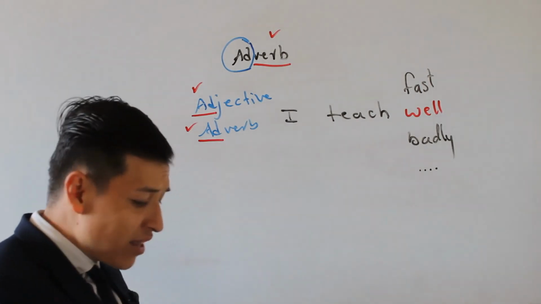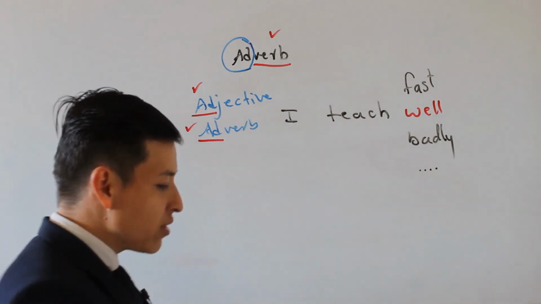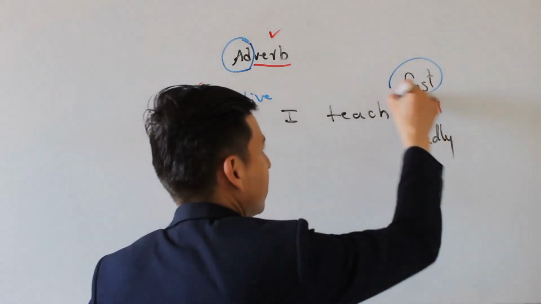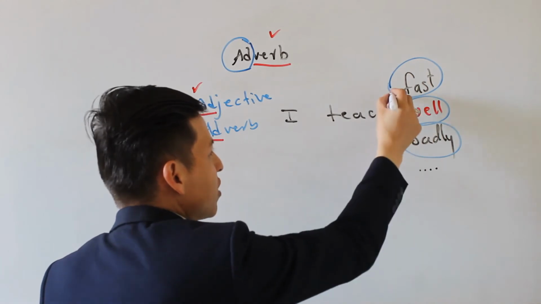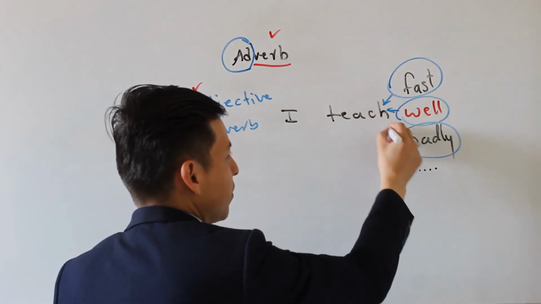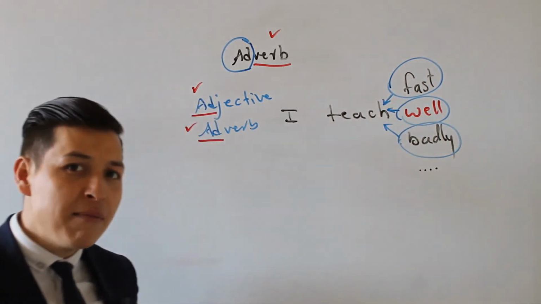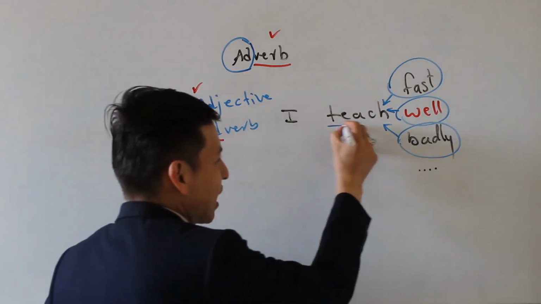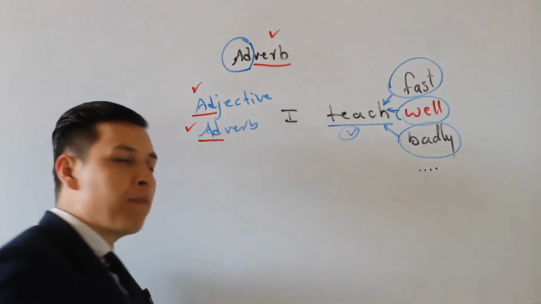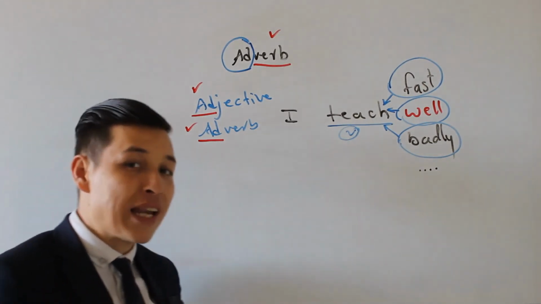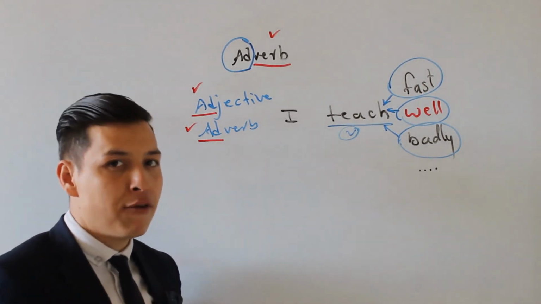So we see that words like fast, well, and badly can each describe the way I'm teaching. What is teach exactly? It's a verb. So these words describe the verb. An adverb can modify a verb.